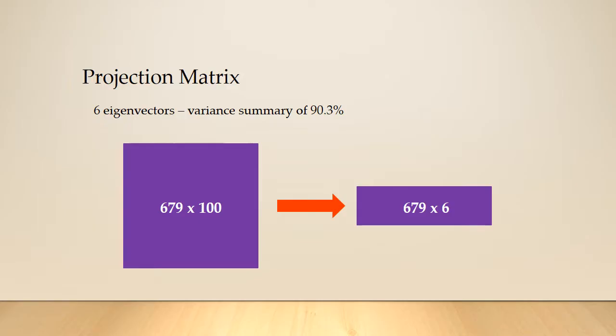Thus, we can see that our projection matrix simply needs 6 eigenvectors to be able to summarize about 90.3% of the variance. We will use this projection matrix to transform our data from 100 features, 100 dimensions, to only 6 dimensions, improving efficiencies and ensuring that all of them are linearly independent.